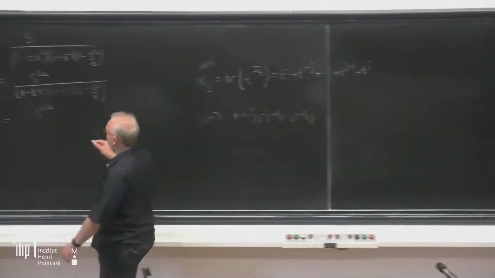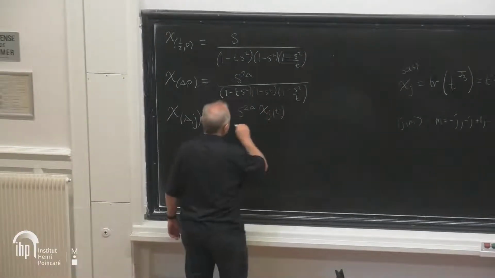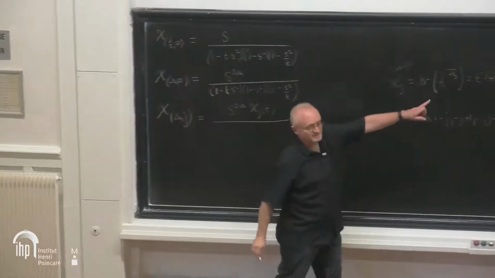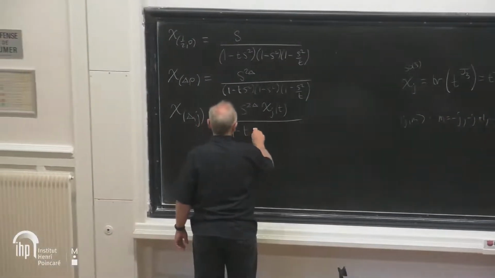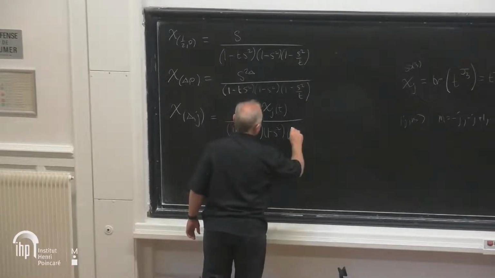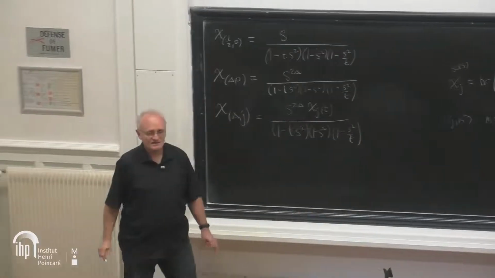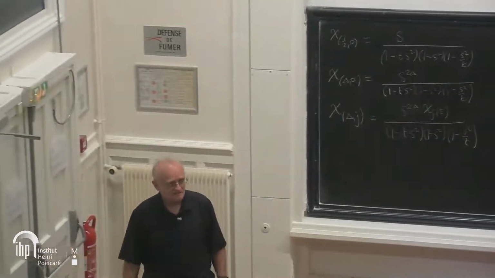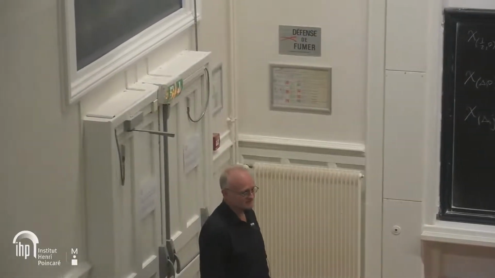And all that I would do here is write chi j of t, and chi j of t is exactly that SO3 character, over 1 minus t s squared, 1 minus s squared, 1 minus s squared over t. So that's the structure of the conformal characters.